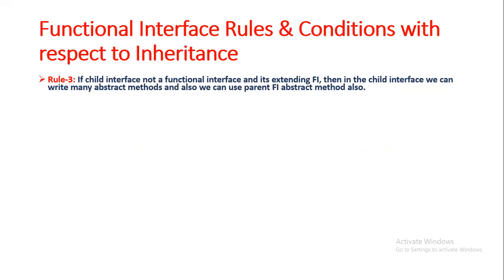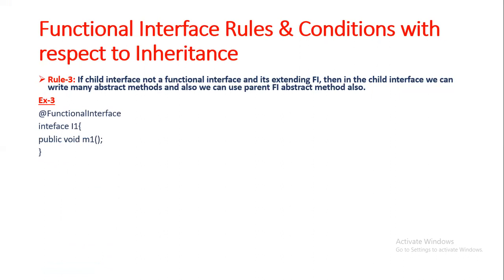It can have many abstract methods. Whenever it is not a functional interface, why follow the rules? We can write as many as we want. Even the parent functional interface's method we can use.